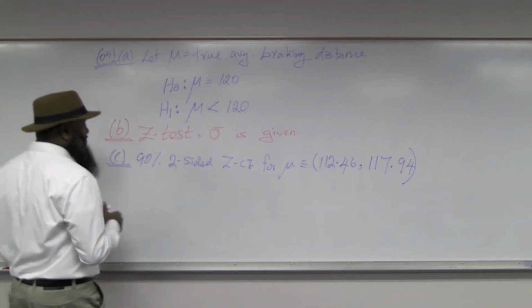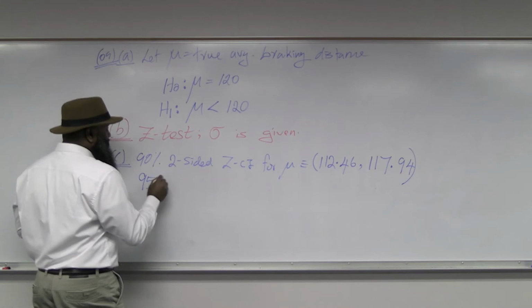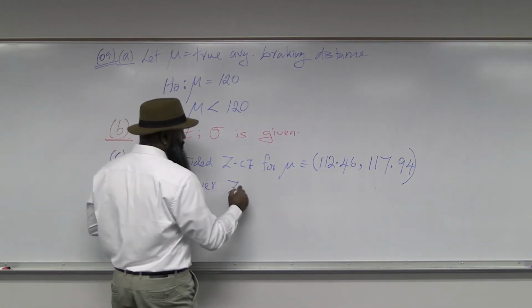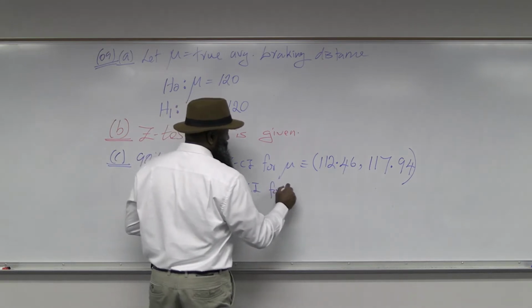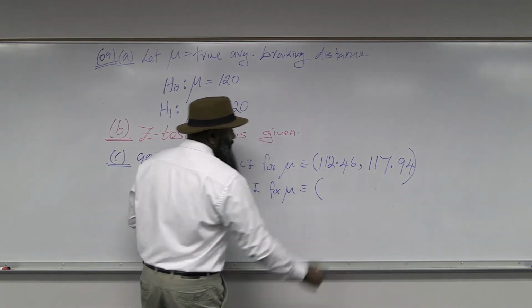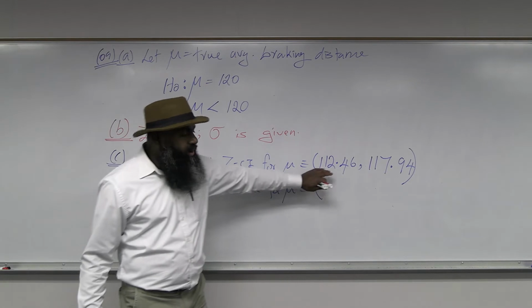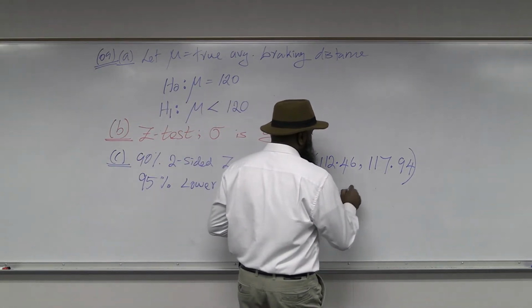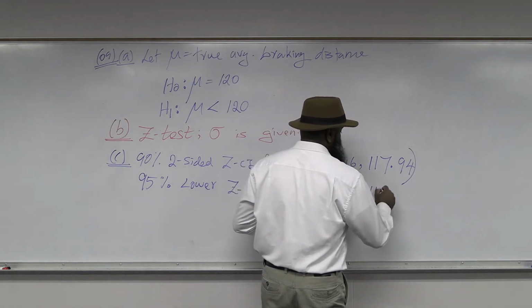So from this one, I can obtain the 95% lower confidence interval. I simply have to replace this lower limit with -infinity, and the upper limit stays the same.